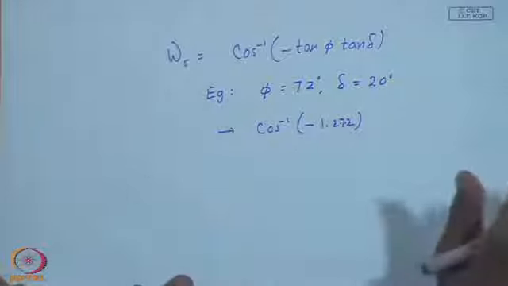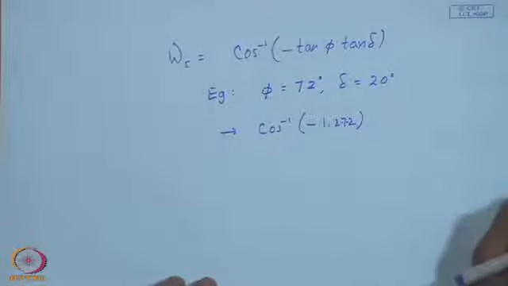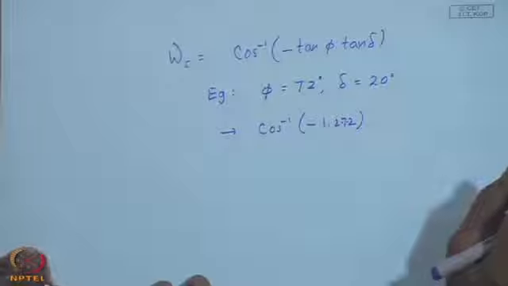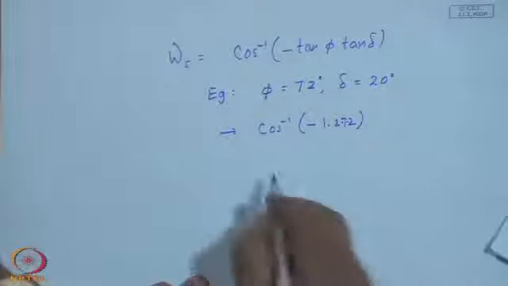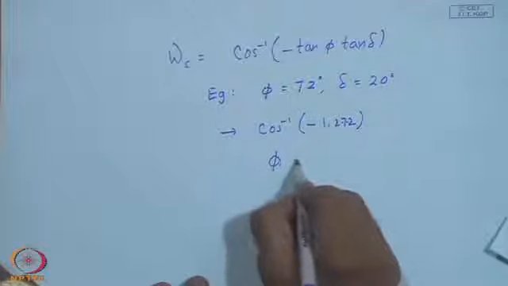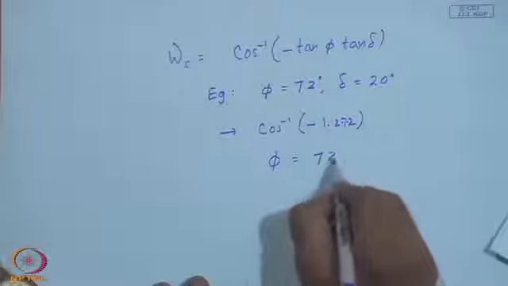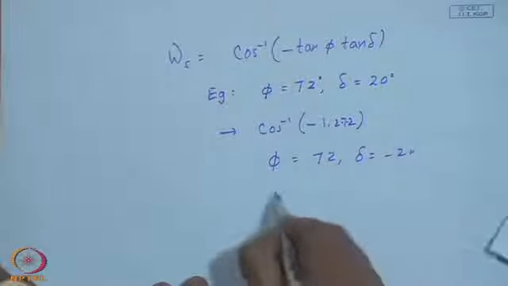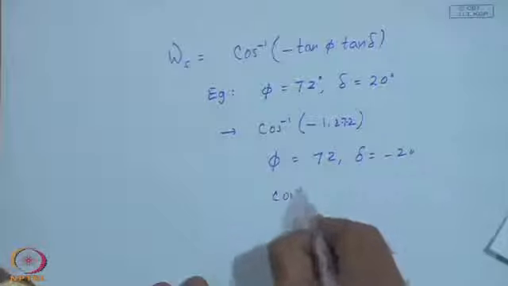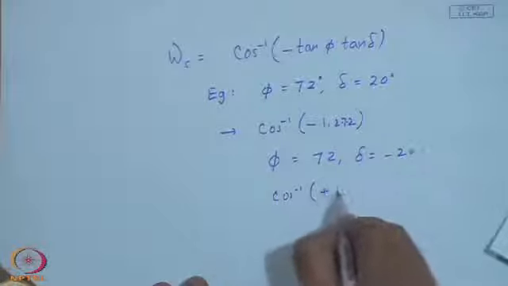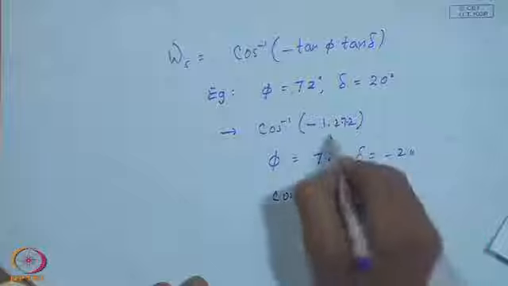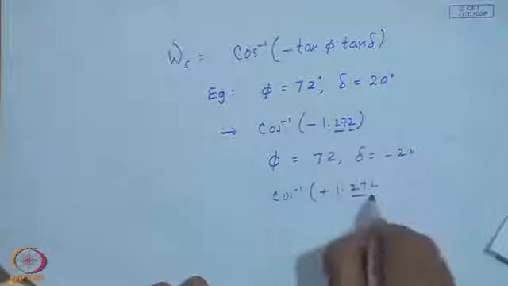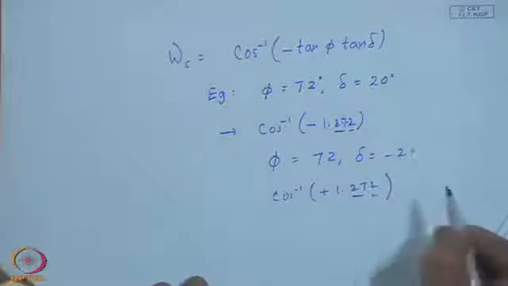That 0.272 may not be correct, but I know it will be cos inverse of something less than minus 1. And another example I can take, phi is equal to 72, delta is equal to minus 20. Then I have cos inverse of plus 1.272, with the same pinch of salt for that 0.272.